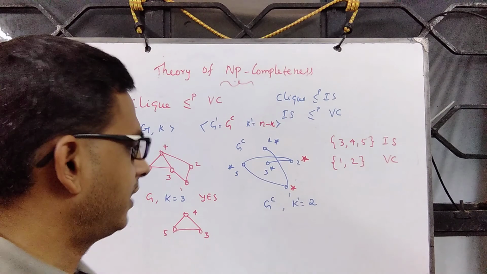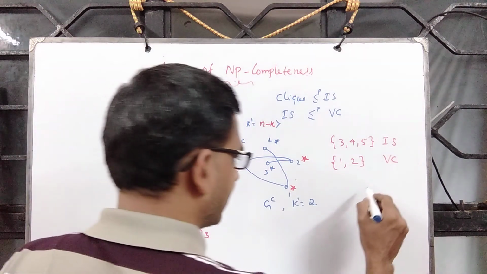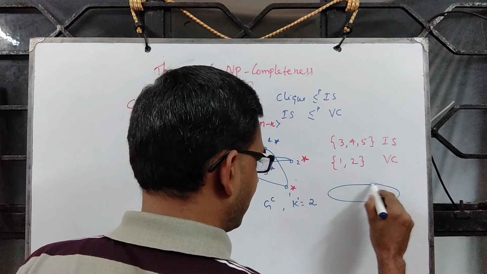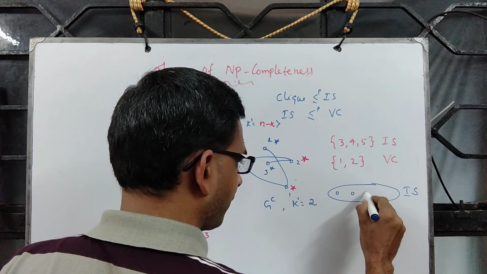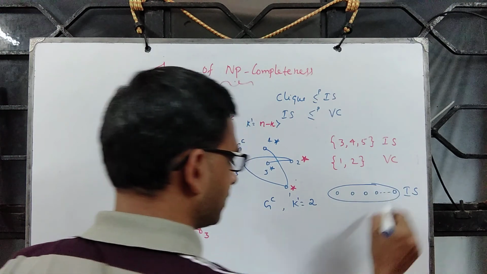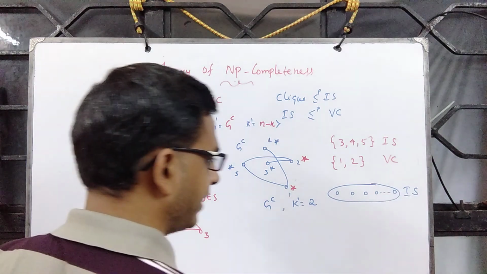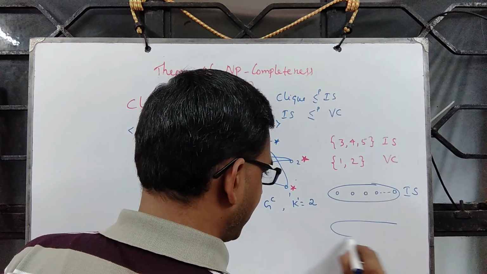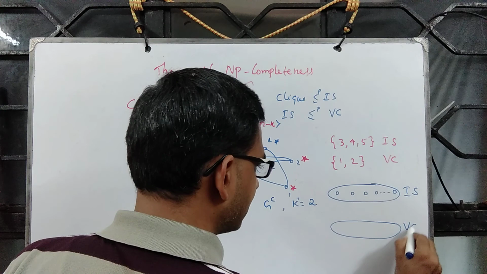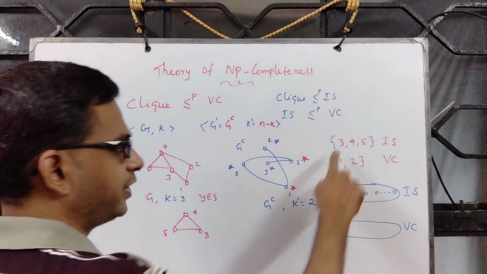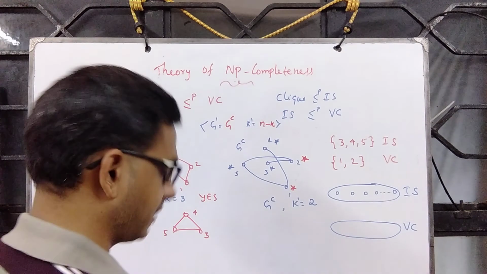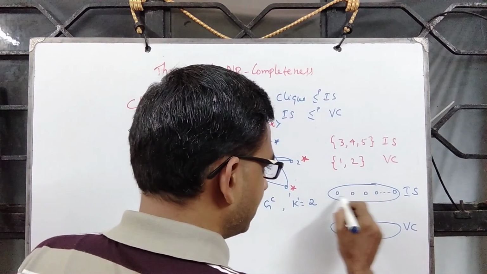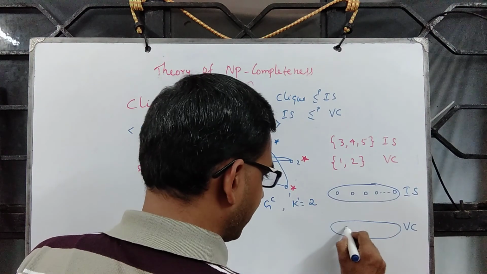Fine. And here is a structural understanding. Suppose you have a set of independent vertices, so they are independent vertices, no edges inside. We claim that the rest of the vertices are a vertex cover. 3, 4, 5 is an independent set, and we say that the rest of the vertices are a vertex cover. Why? This is an independent set, no edges inside.